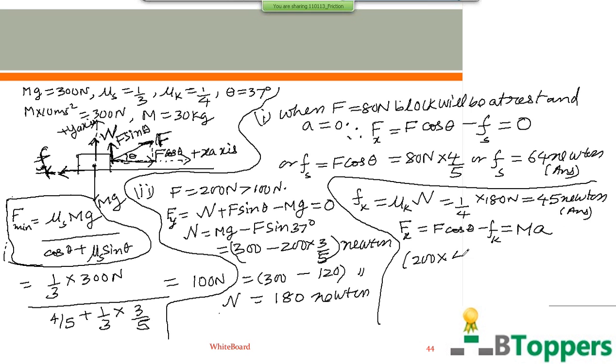Theta is 37 degrees, so cos 37 degrees is given as 4 by 5. The magnitude of kinetic friction we got is 45 Newton. The mass of the block is 30 kg. So 150 Newton by 30 kg is the acceleration.